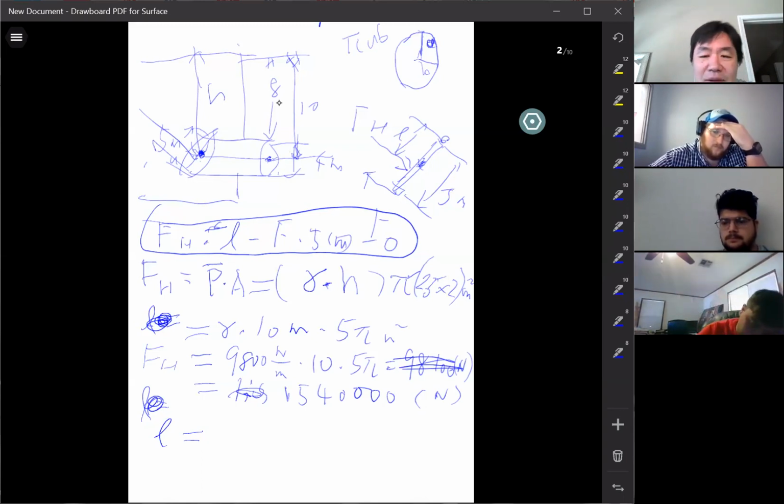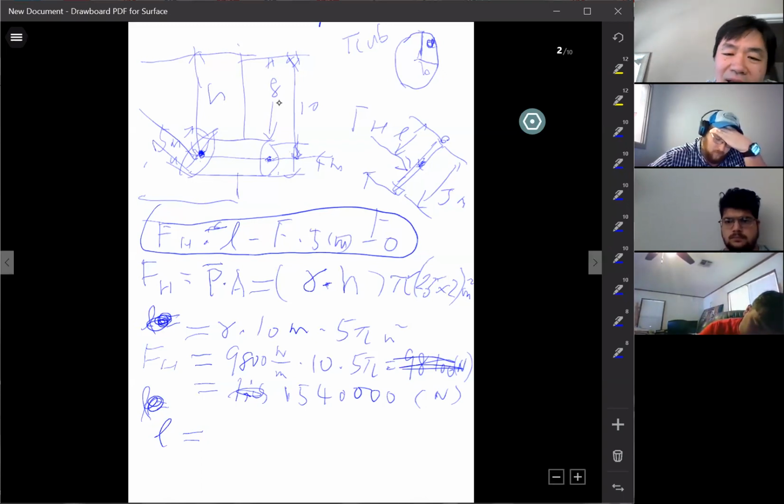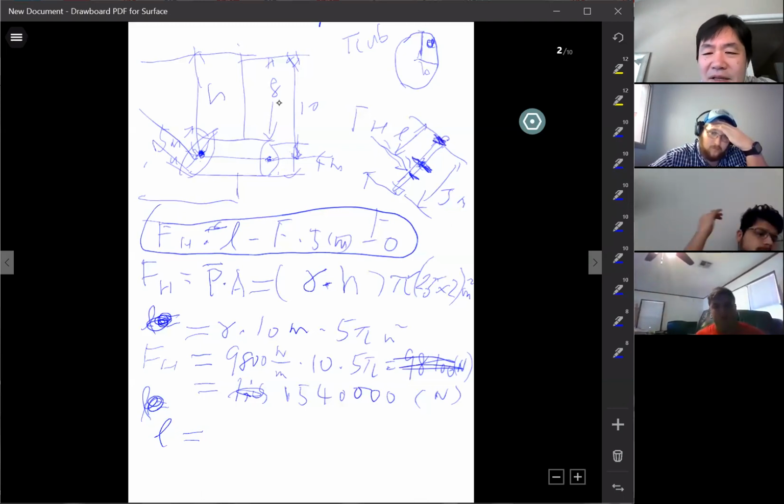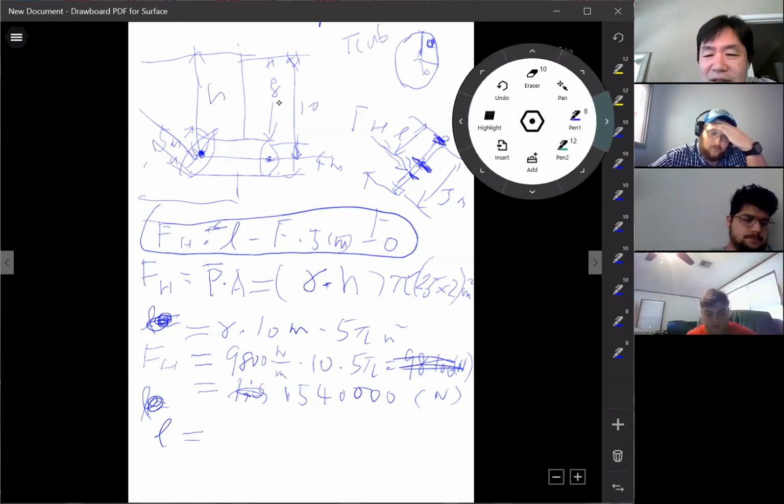So give me an expression for the L. You draw it here. L has two parts. Let me see if I can use colors on my pen. I probably can.